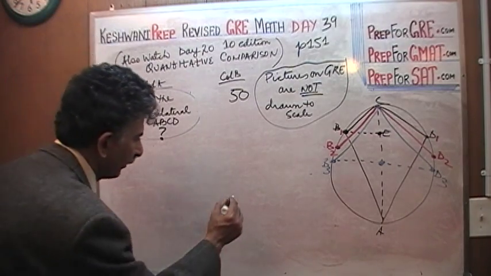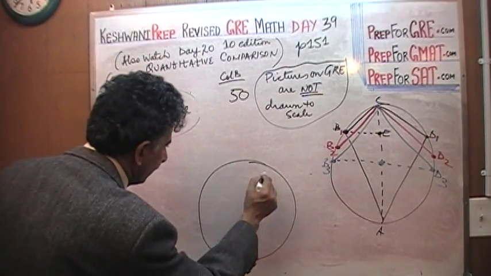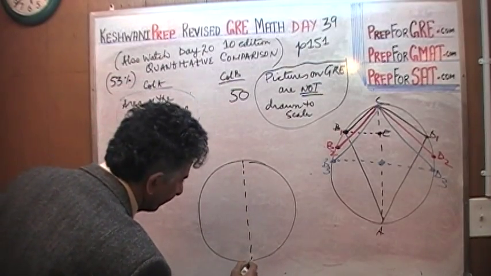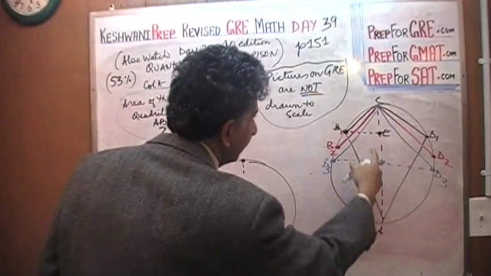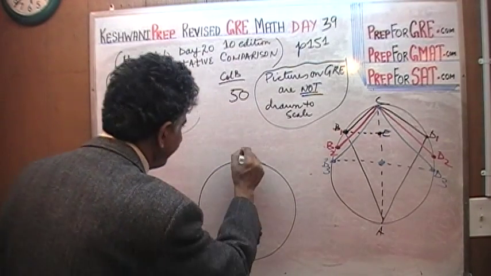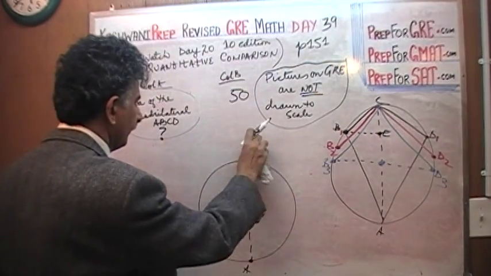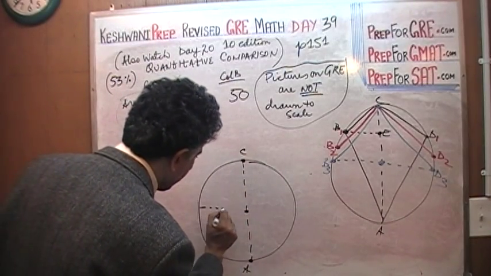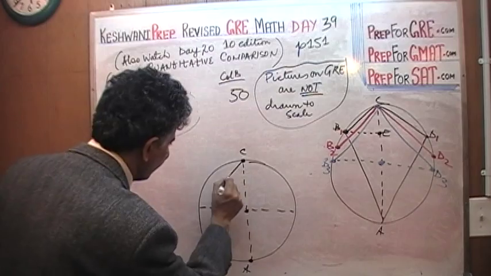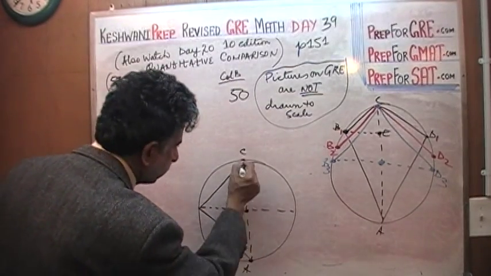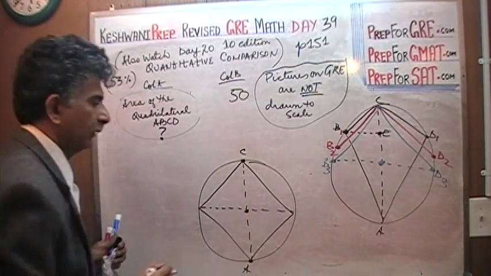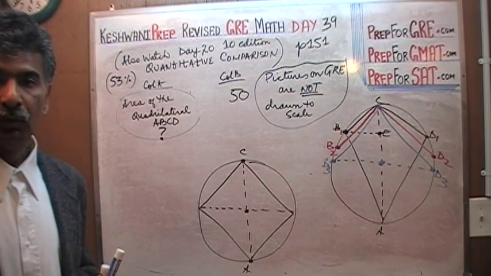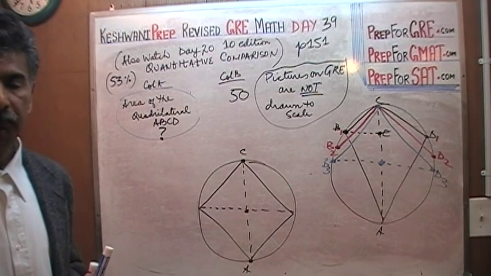Well, 50 is this scenario. Watch here. We know that from here to here is 10, which is what I'm calling A to C. This is our center. This would be the scenario of the area of this so-called quadrilateral being 50.